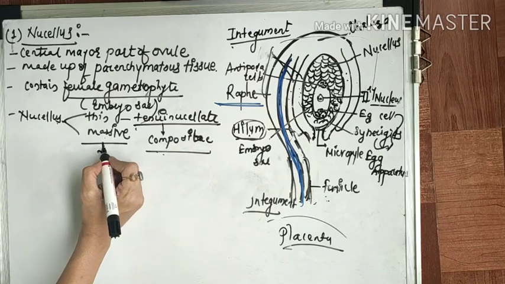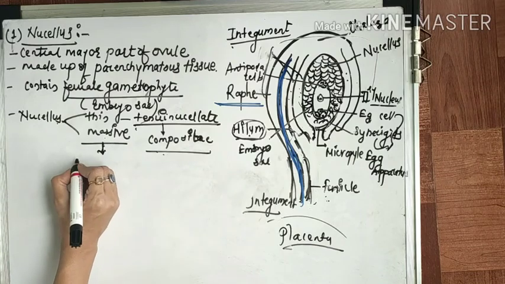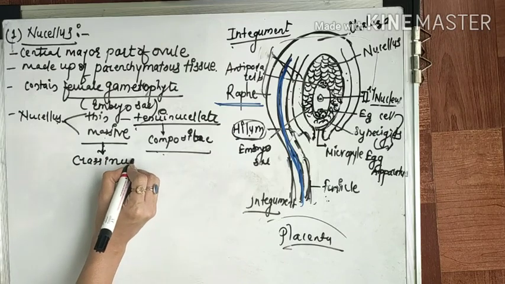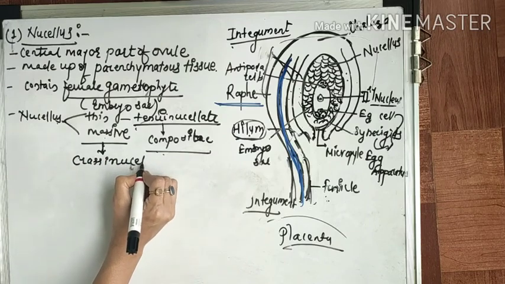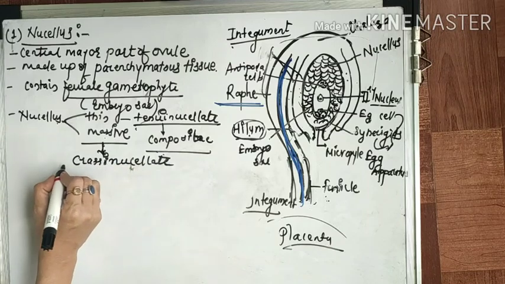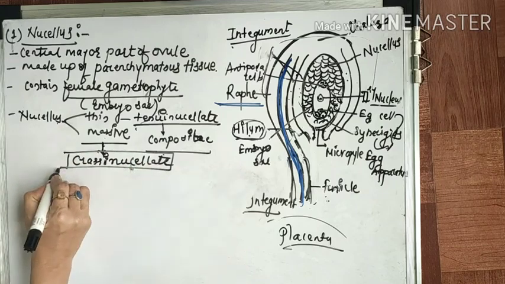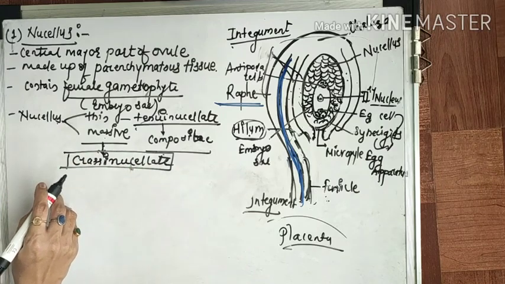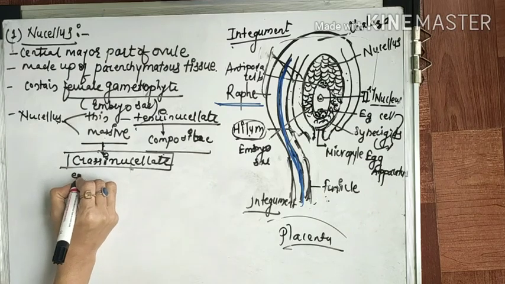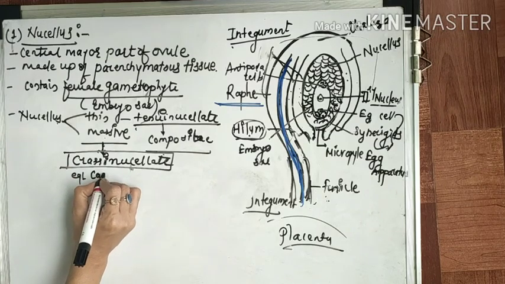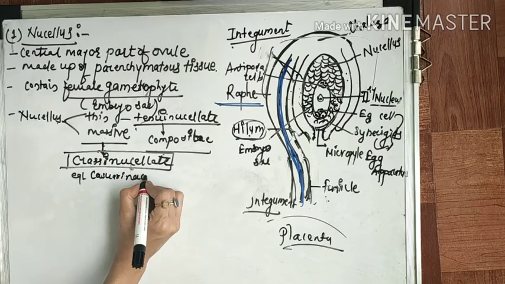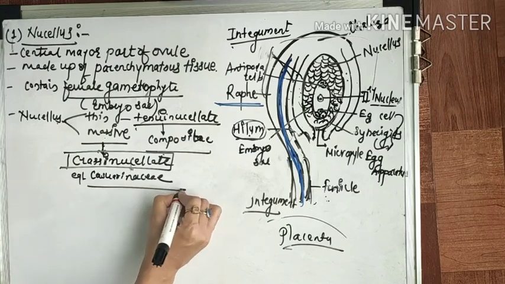Now I will discuss the massive nucellus. When the nucellus is massive, it is called crassinucellate, and this occurs in members of the family Casuarinaceae.